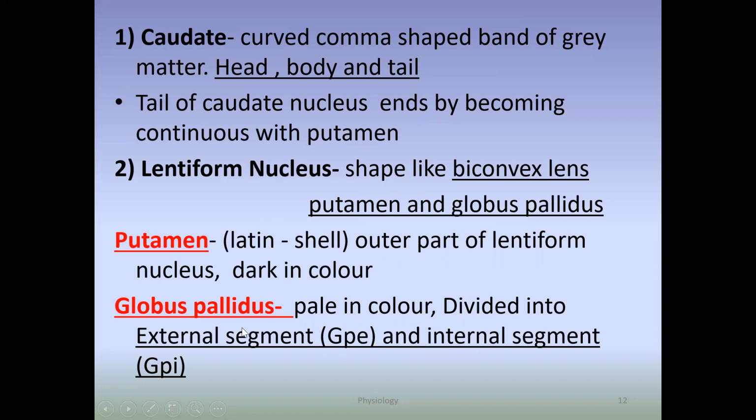The globus pallidus is pale in color and is divided into an outer external segment and an inner internal segment. So whenever the word GPE comes in the connections, that is the globus pallidus external segment, and GPI is the globus pallidus internal segment.